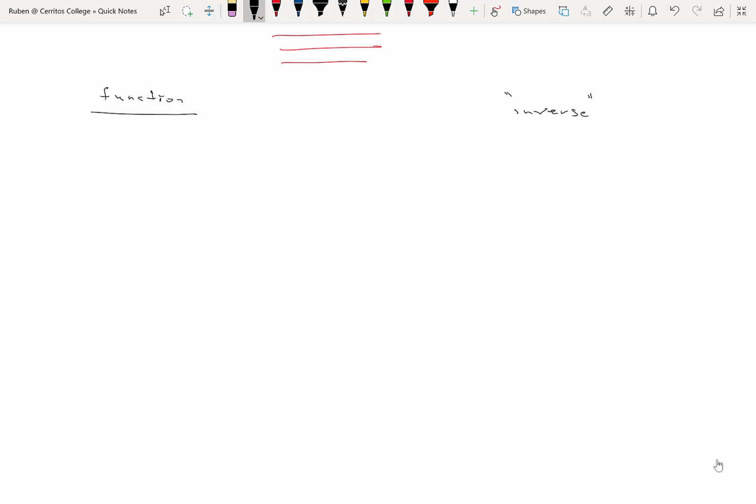I'm putting the word inverse in quotes because this function has no inverse. But we'll figure out what it should be if it did have one, and then hopefully be able to do something with our function.